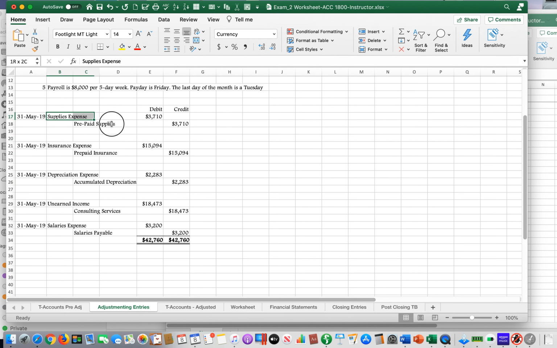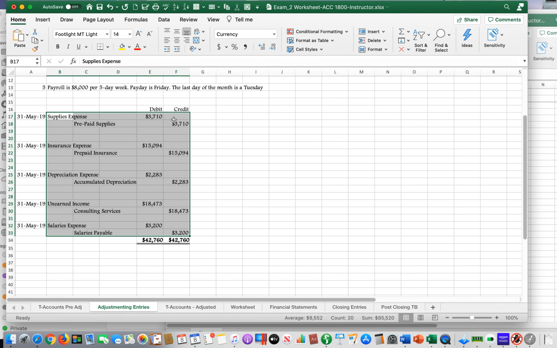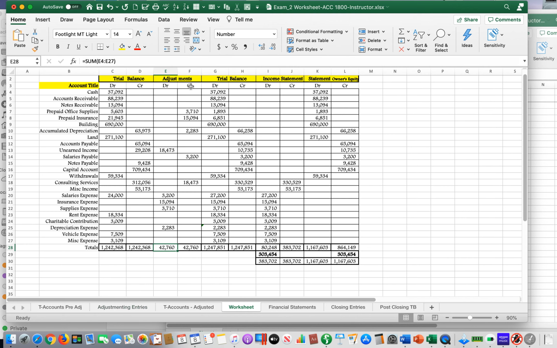We take these journal entries, folks, and we duplicate them on the worksheet. You copy these directly to the worksheet. Of course, you got to post them first and strike a balance. But my point is that you're going to take these journal entries and post them directly to the worksheet under adjustments.